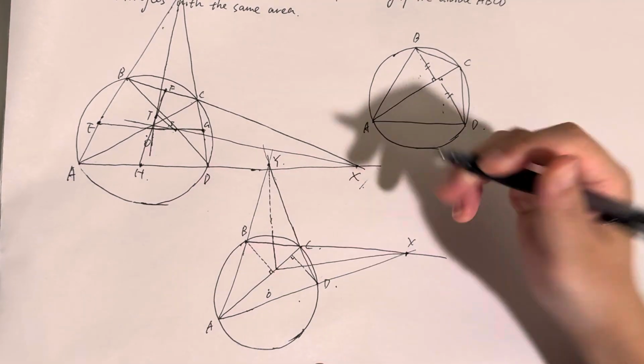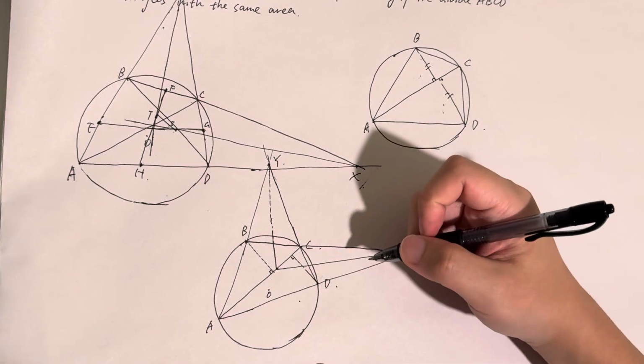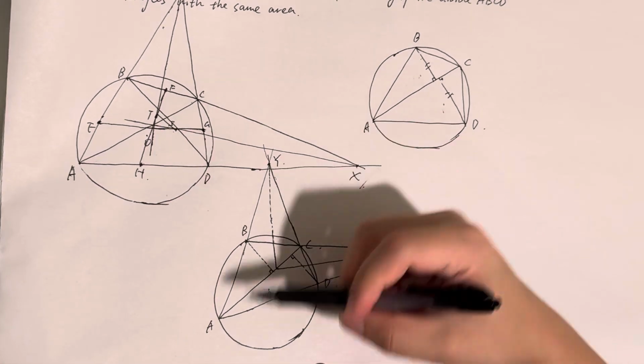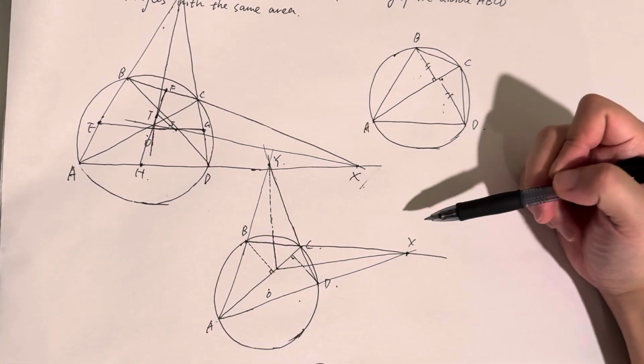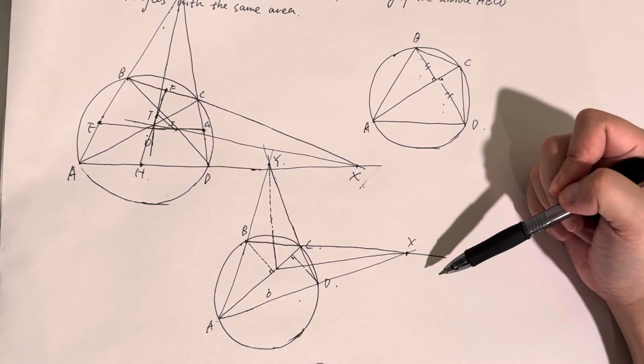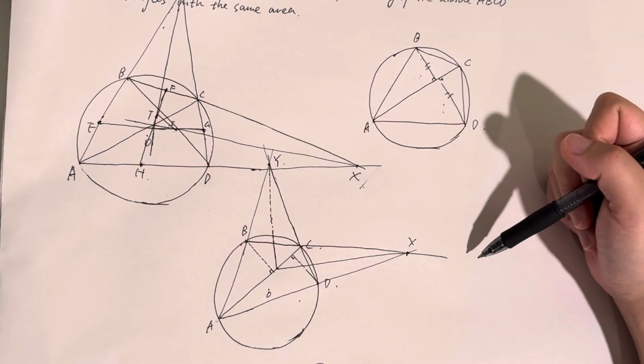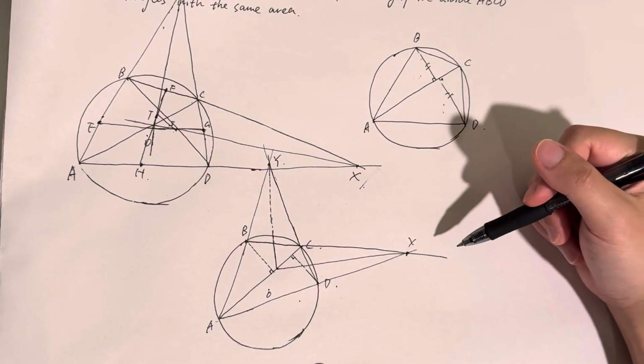I did that on purpose. So I want to prove this first: the angle bisector of angle AYC, the angle bisector of angle AXC, and line AC are concurrent. I want to prove this first.